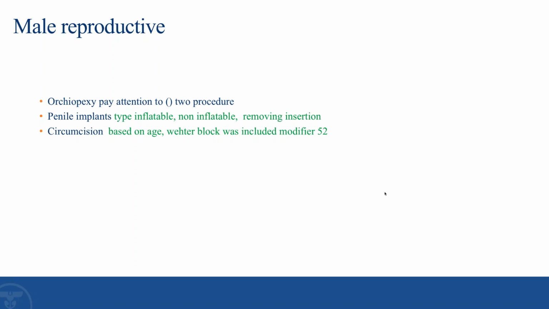Right? So 51045 is an insertion of the catheter or stent. Look, it says separate procedure. So that means it's not usually done with something else, right? And if it says separate procedure, in the chat box, please tell me what modifier.